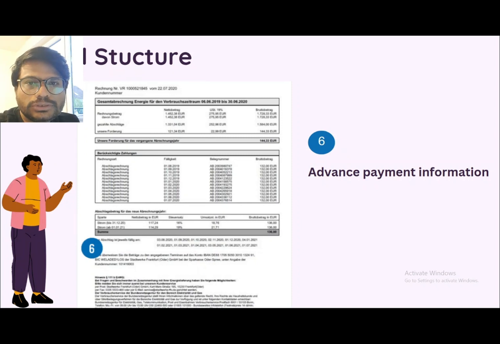But you have to give the data of your consumption to your electricity provider. That means you will get certain credentials, and you have to log in to your provider's website and update your monthly consumption. Let's say, for example, you consumed 100 kWh of electricity in one month, and every month you have to update this data on that website.